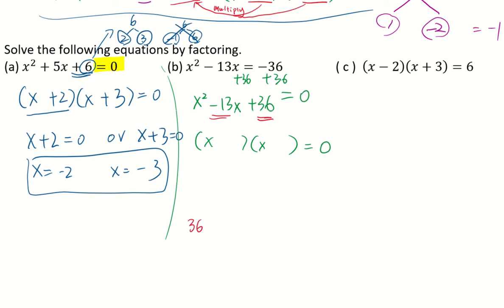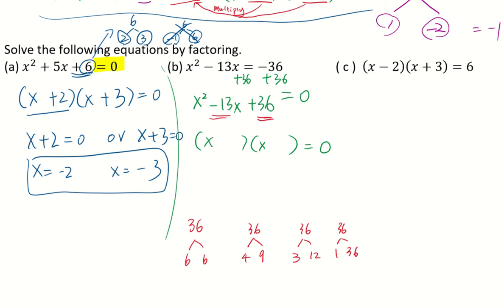What two numbers multiply to be 36? Well, it could be 6 times 6, or 4 times 9, or 3 times 12, or 1 times 36, just to name a few. Actually, that's all the combinations.